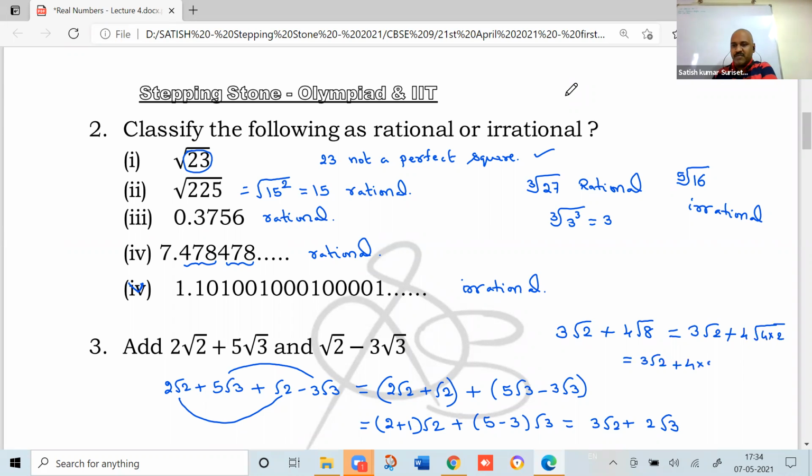Root 4 is 2, so that's 3 root 2 plus 8 root 2. Then 3 plus 8 is 11 root 2, the answer. You need to always check whether the radicand can be simplified further using its factors, and try to simplify the radical term.